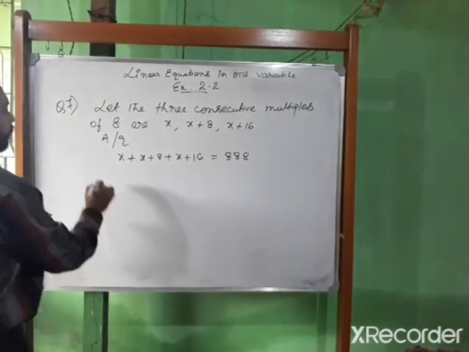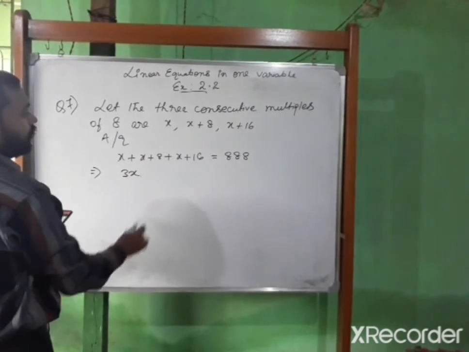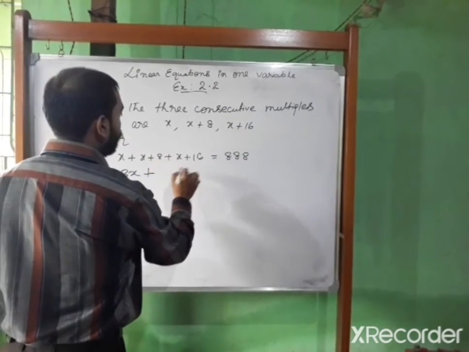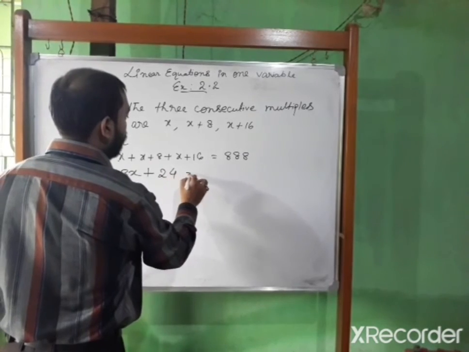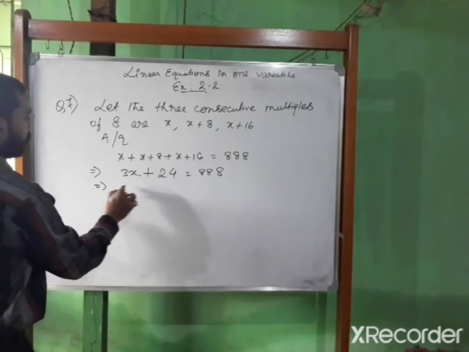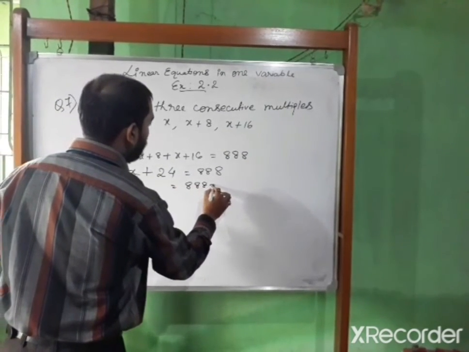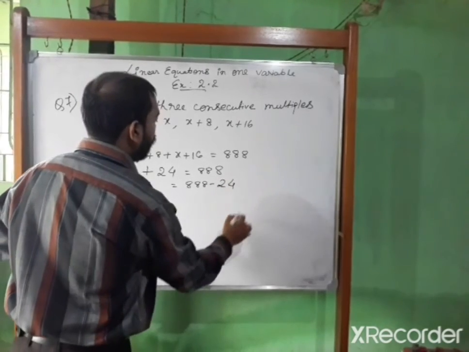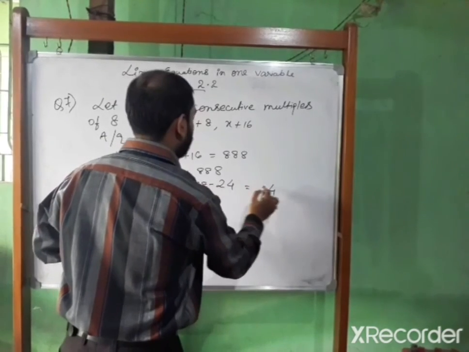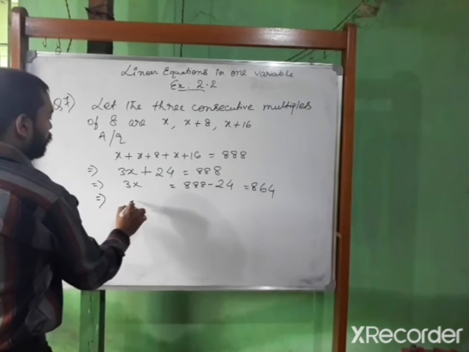Now let us solve. x thrice is 3x. 16 plus 8, 24, equal to 888. So 3x equal to 888 minus 24, which is equal to 864.